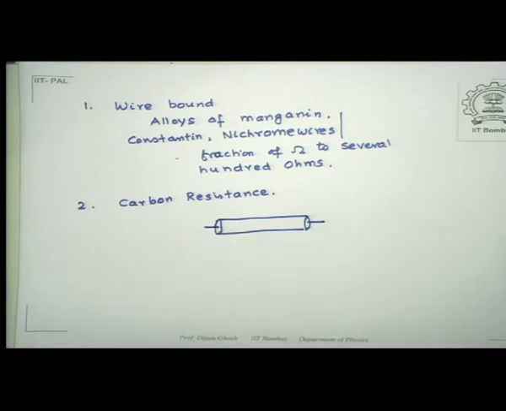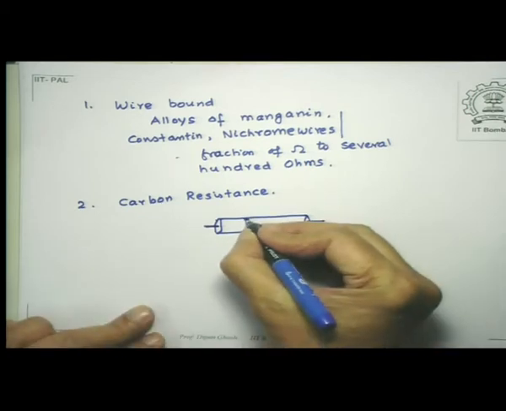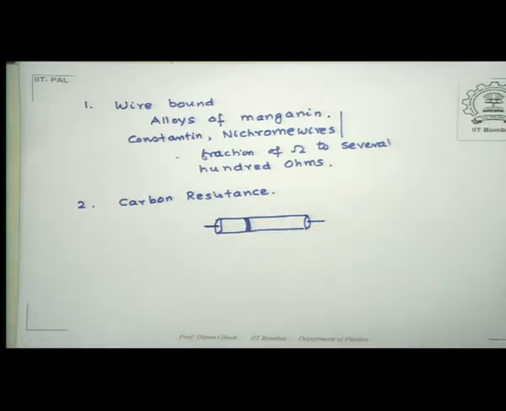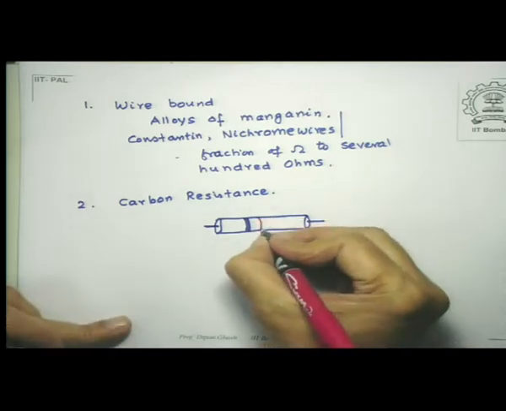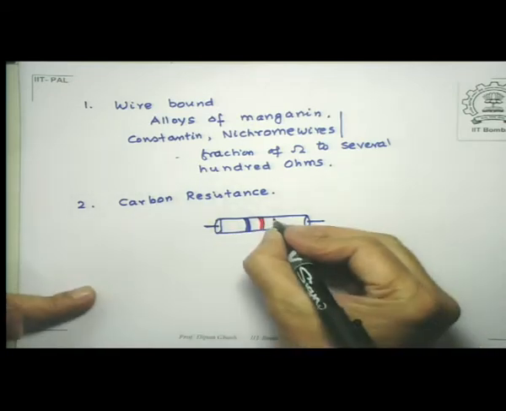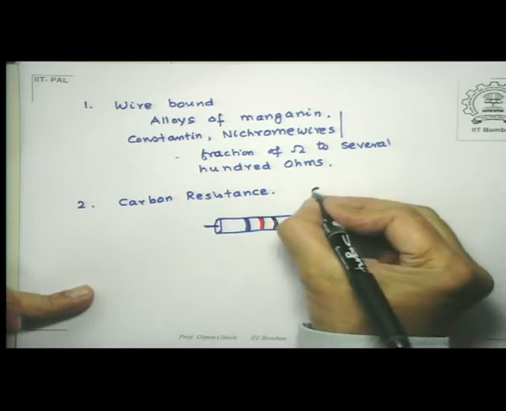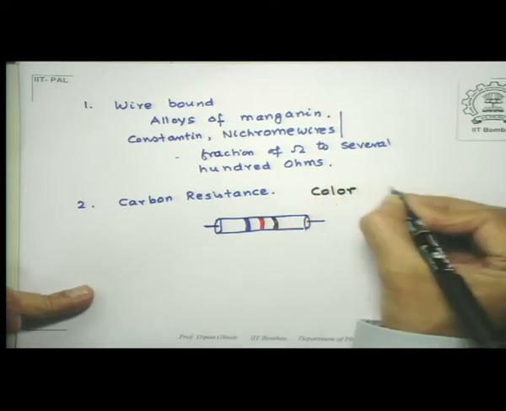But what you will find is there will be different colors here. I don't have all the colors, but let me draw one or two that I have. So this is color coding of resistances.